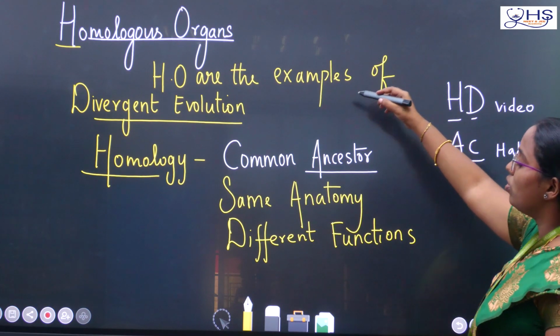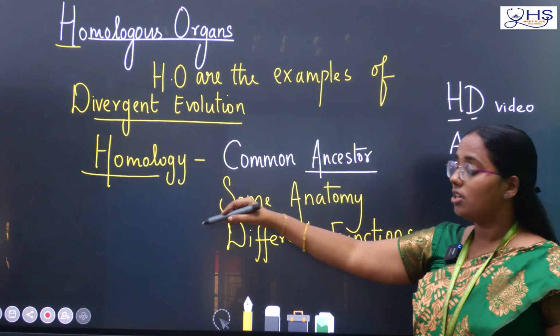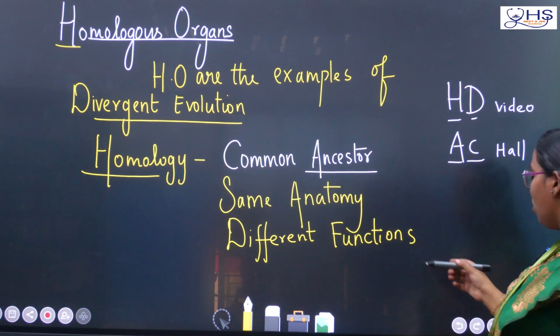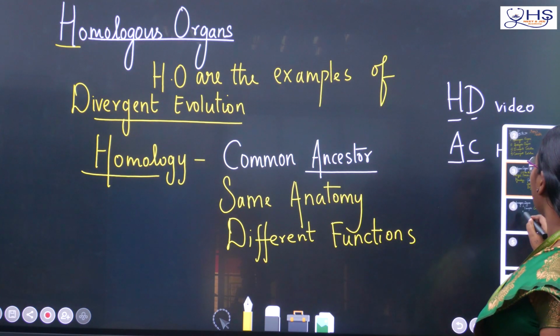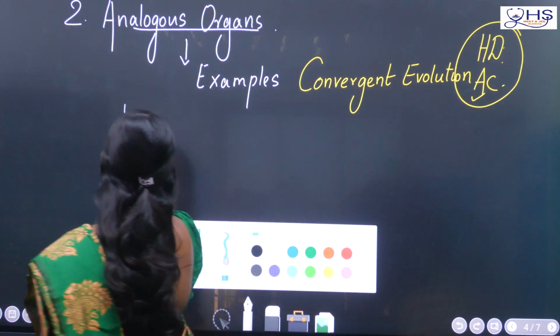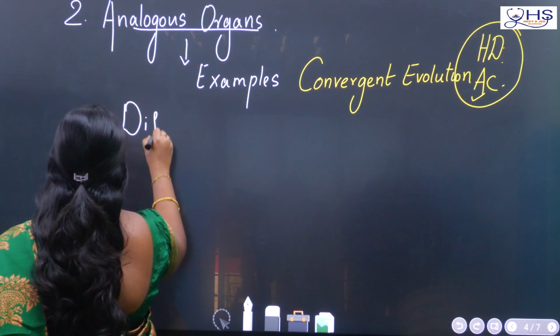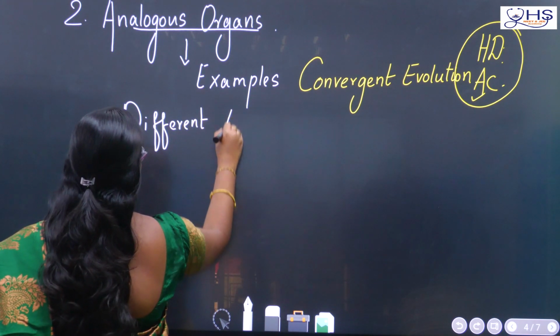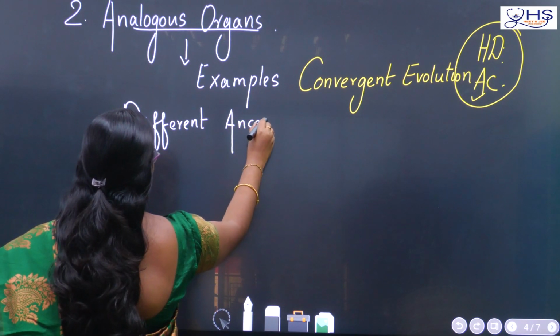So in homology, there is a common ancestor. In the case of analogous, it's a bit opposite. The ancestor is going to be different.